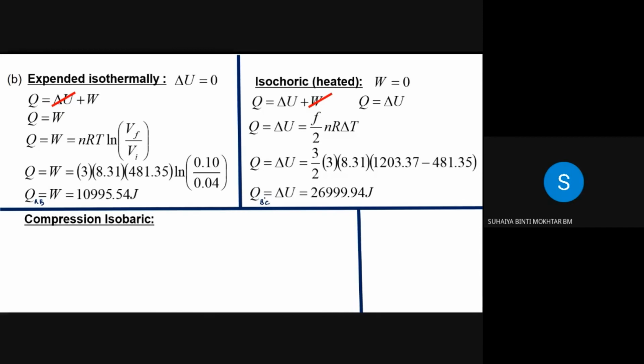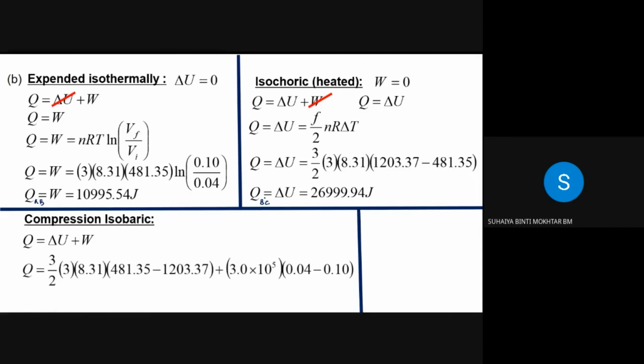And then case isobaric. Okay, isobaric. Compress. So maksud work done and delta U here equals to negative value, right? Okay, so kita calculate. Use equation, delta U equation is same equation, f per 2 nR delta T, final minus initial. Okay, so case the compress, final less than initial.